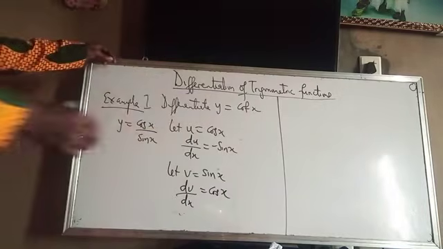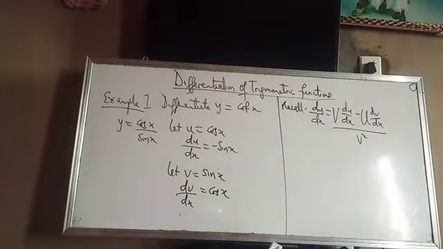Okay. Now recall in quotient rule, dy/dx is equal to what? v du/dx minus u dv/dx all over v squared.